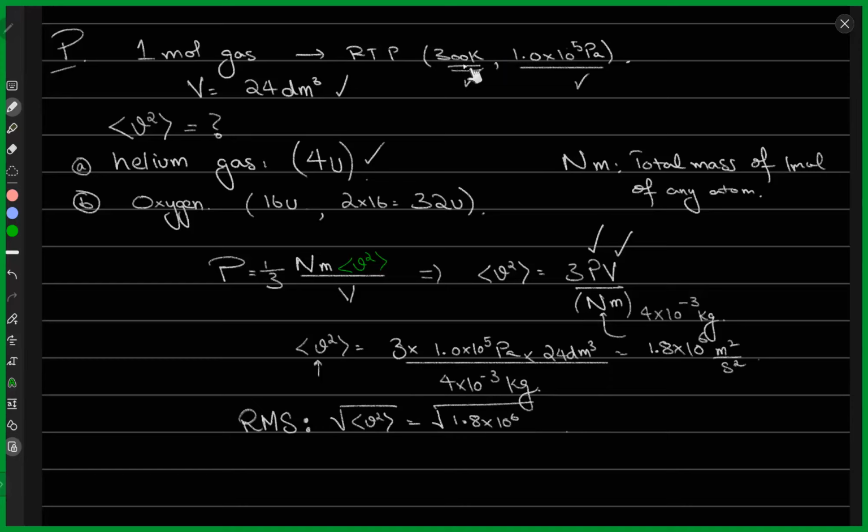300 Kelvin is the temperature, and at 300 Kelvin, the pressure is 1.0 into 10 raised to power 5.